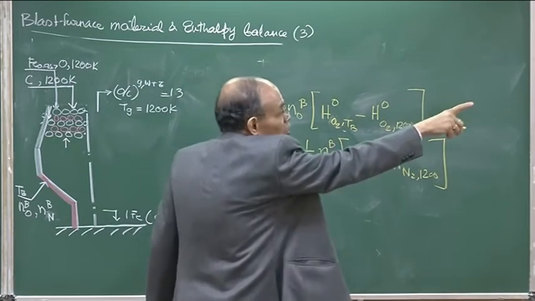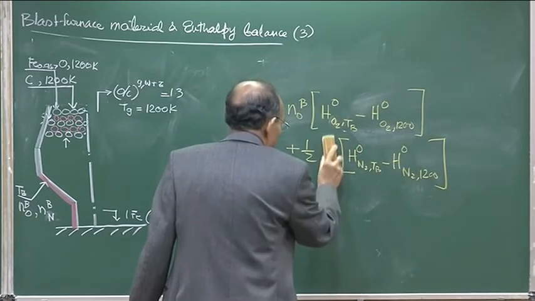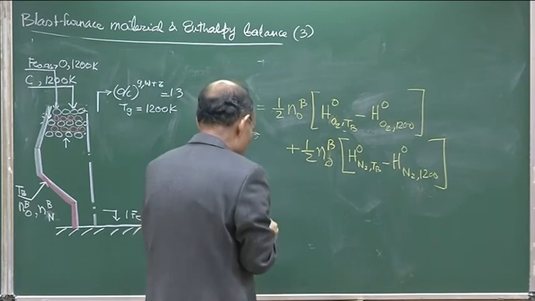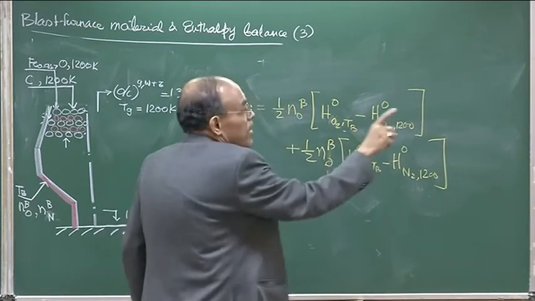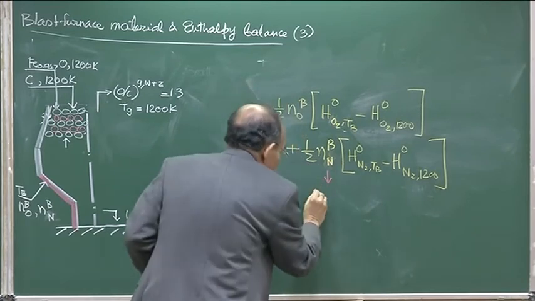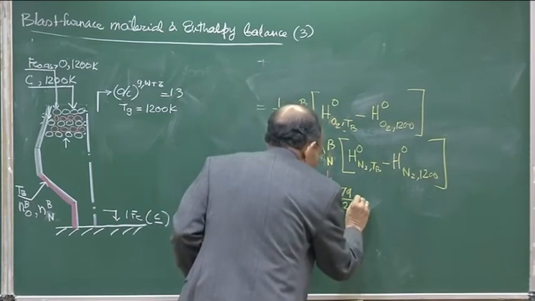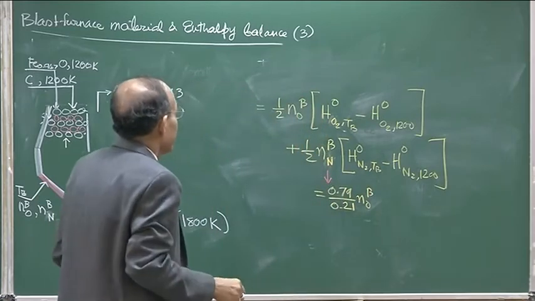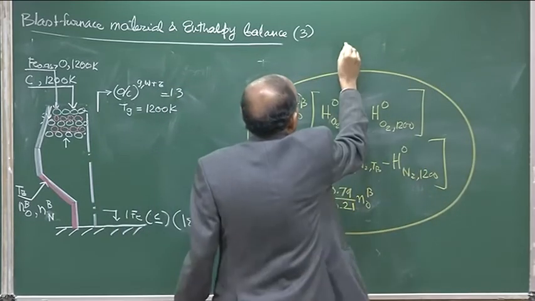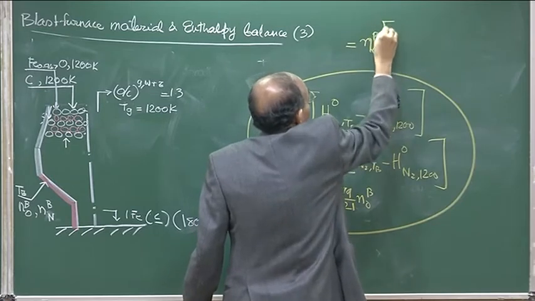I can use that simplification here, substitute it, and then I can say that NNB, nitrogen blast, is equal to 0.79 by 0.21 into NOB. That is what it is equal to. So, I can now write this term in a compact way, taking the NOB term common.